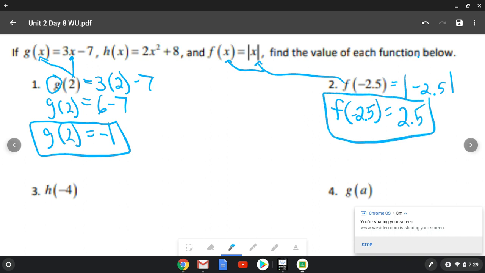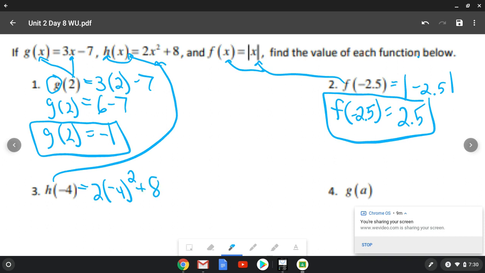So those two are easy so far. Let's do the h one. That means we're going to use this one right here because it starts with an h. So if we plug in -4, that'd be 2 times -4 squared plus 8. According to my order of operations, or if you plug that in your graphing calculator, you'd have to do -4 times -4 first because you're supposed to do exponents.